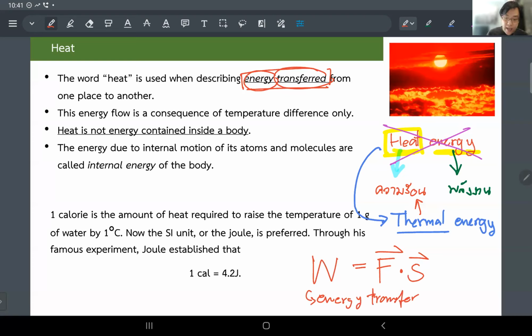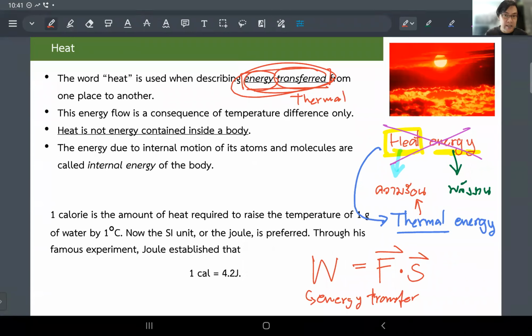And now you can see that heat is pretty much the same thing. It's also energy transfer. So from now on, heat and work are the same class of parameters, the stuff that we're about to use. However, the energy transfer from heat is due to thermal effects, right? The one that we discussed last time, when you push a table, you never ask me what my body temperature is, or what the temperature of the table is, because you haven't talked about the aspect of thermal energy transfer.